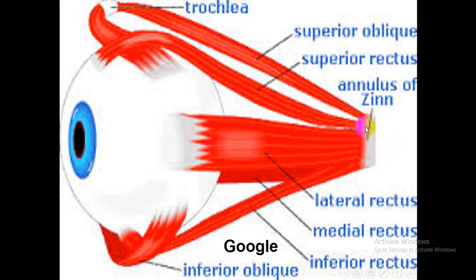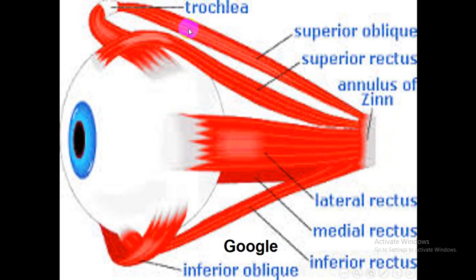Each muscle is inserted into the sclera about 6 mm behind the cornea.